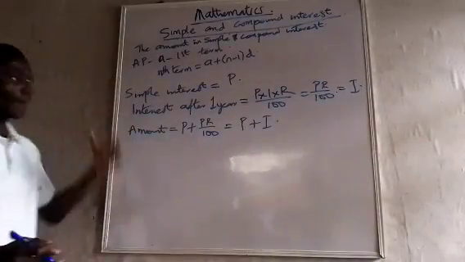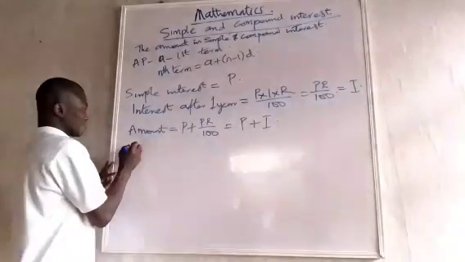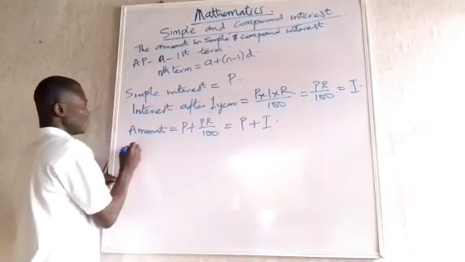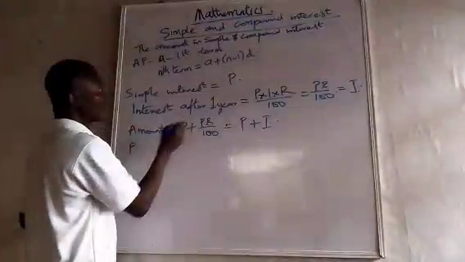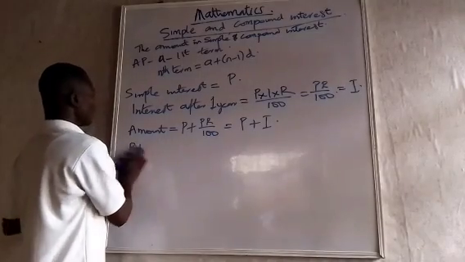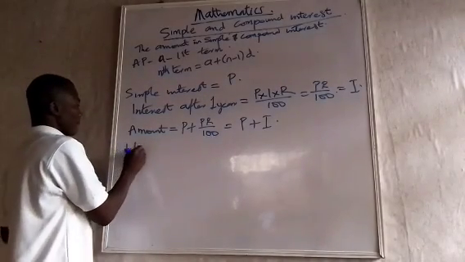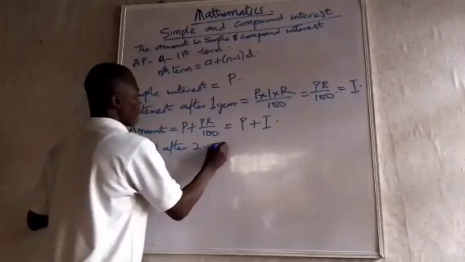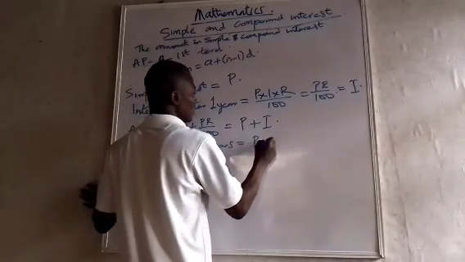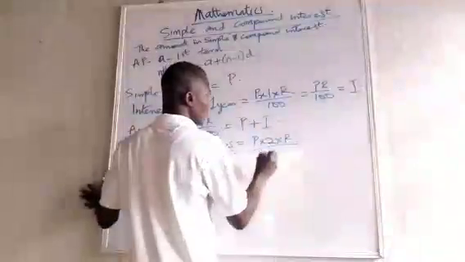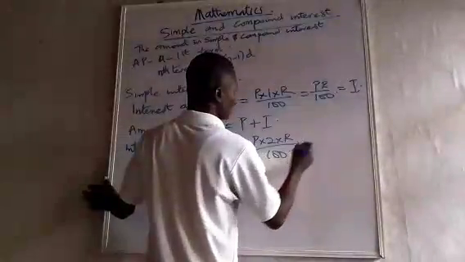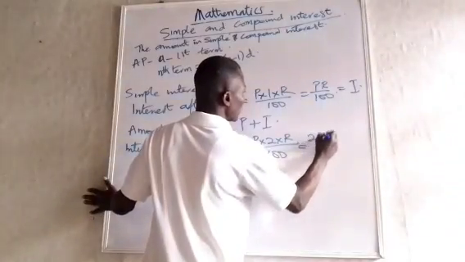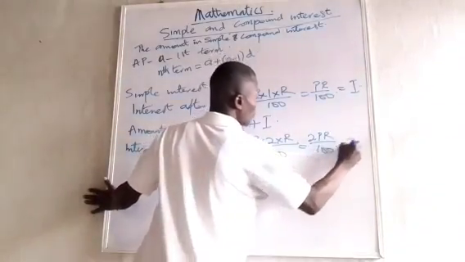Now let's look at what the amount will be after 2 years. Interest after 2 years is equal to P times 2 times R over 100, which is 2PR over 100, 2I.